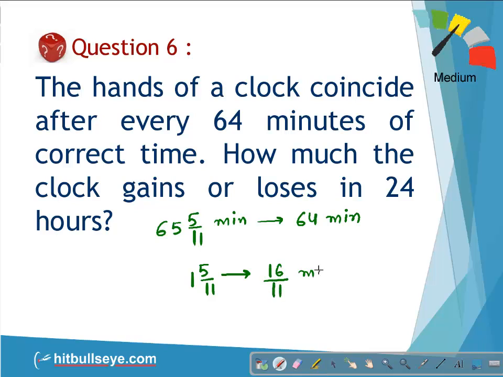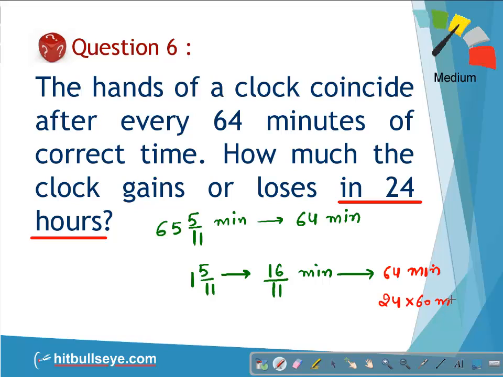that is 16/11 minutes after every 64 minutes. Now students, just think what the question is. Question talks about losing by clock in 24 hours. Now 24 hours has how many minutes? 24 hours has 24 into 60 minutes.